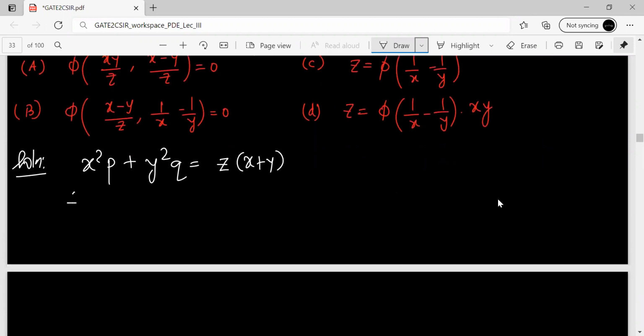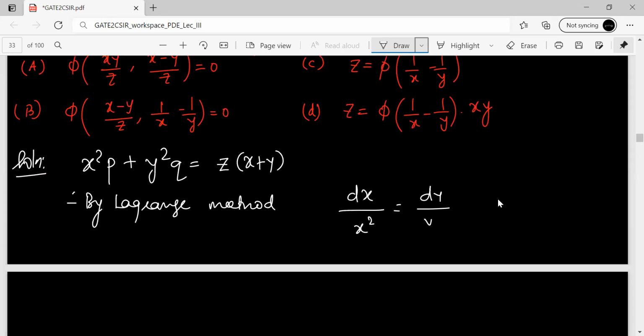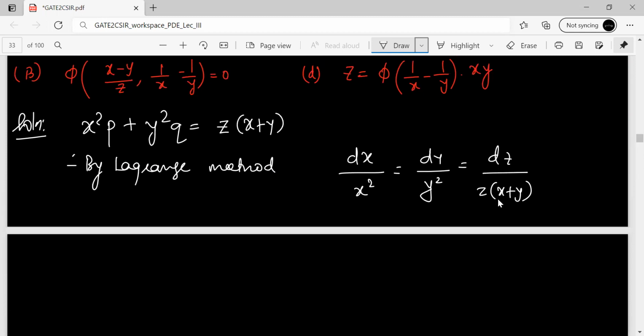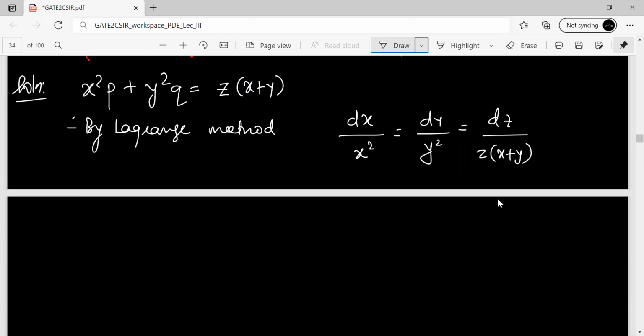So by Lagrange method, dx over x square equals dy over y square equals dz over z times x plus y. Now let's see what game we can play here. So instead of finding the scalars, it is better to consider first two pairs, okay? Because this seems quite easy.